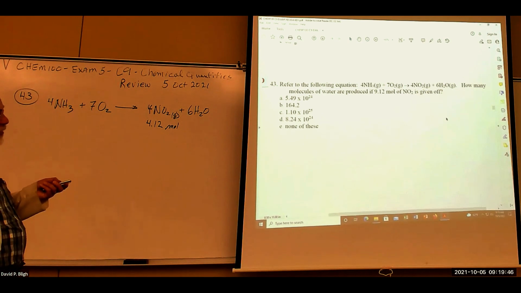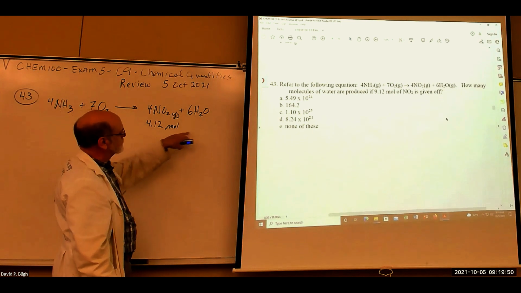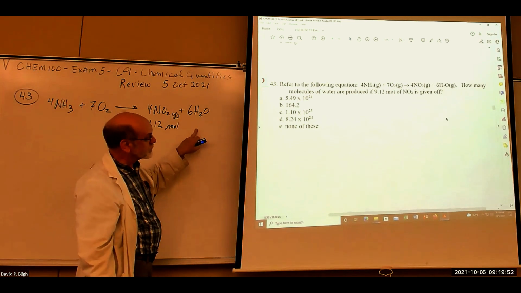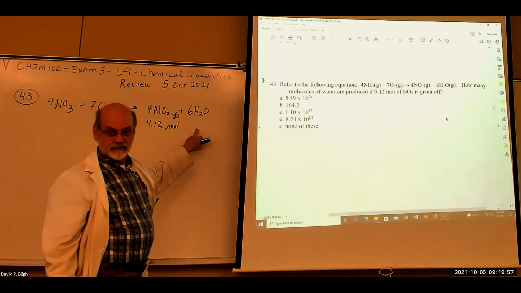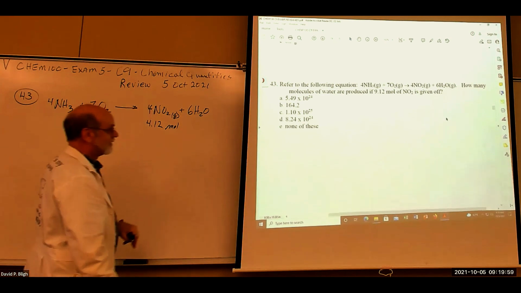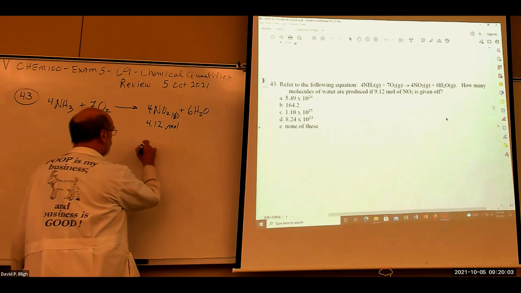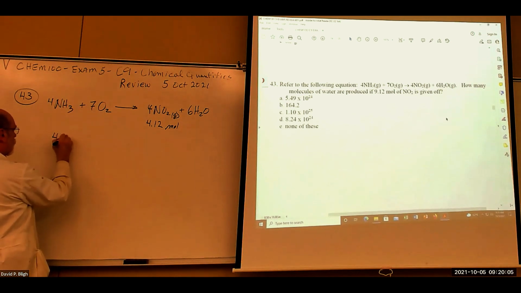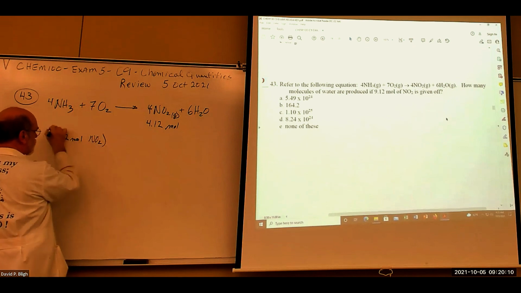The question is, how many moles of water are produced? So along with this many moles of gas, how many moles of water are produced? Oops, how many molecules of water are produced? Okay, we still have to do moles. So what's the ratio here? 4.12 moles of NO2 converted to water.